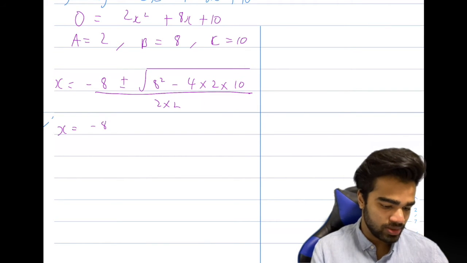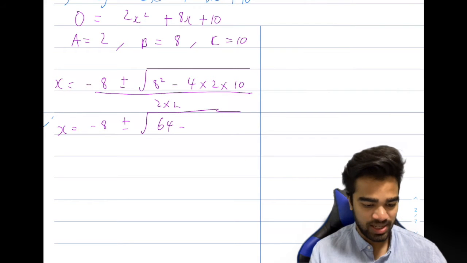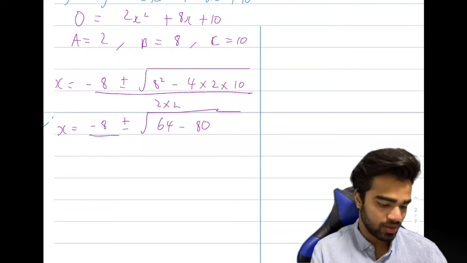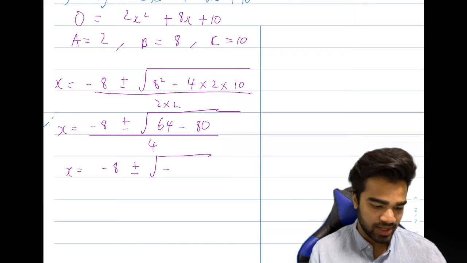So x equals negative 8 plus or minus the square root of 64, sorry, minus 4 times 2 is 8, 8 times 10 is 80, over 4. Okay, x equals negative 8 plus or minus the square root of negative, what's that? 64 minus 80. It's going to be negative 16.